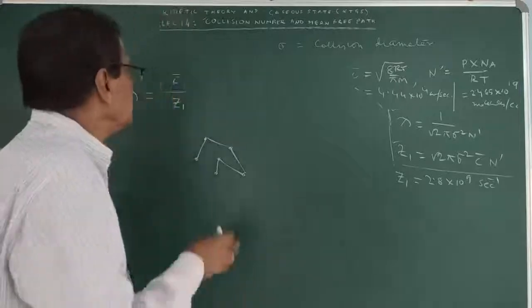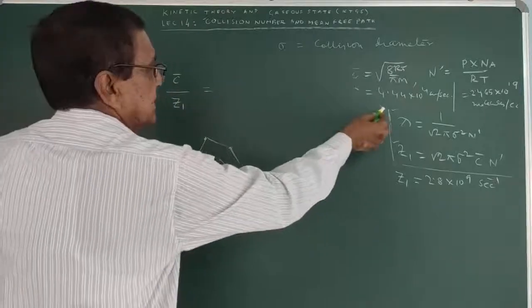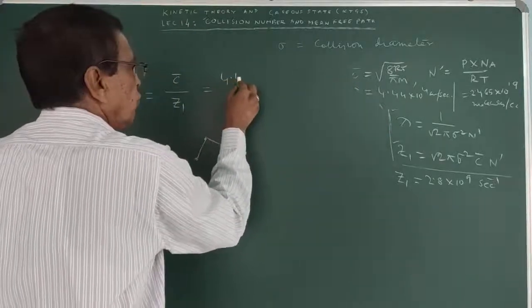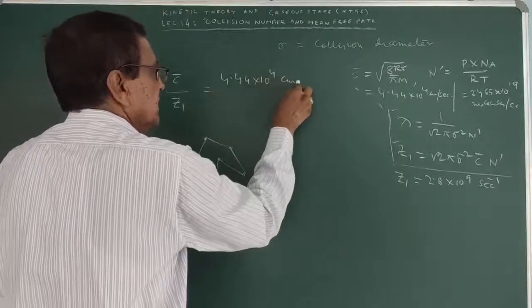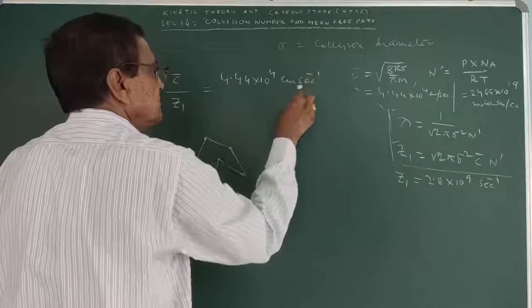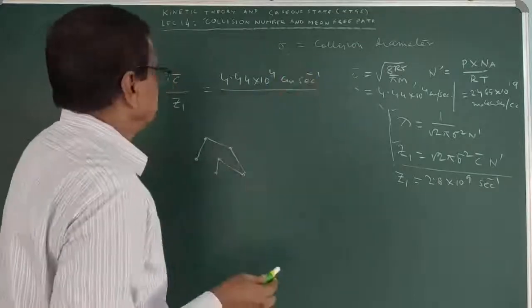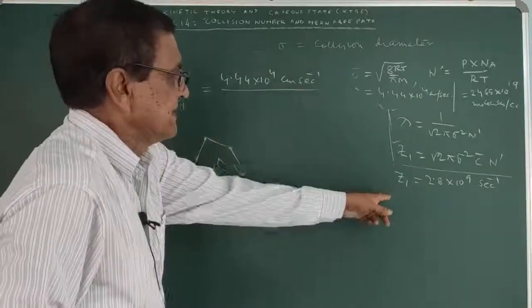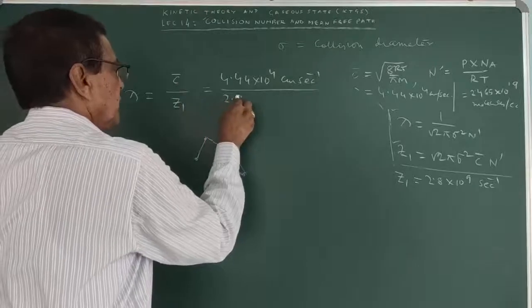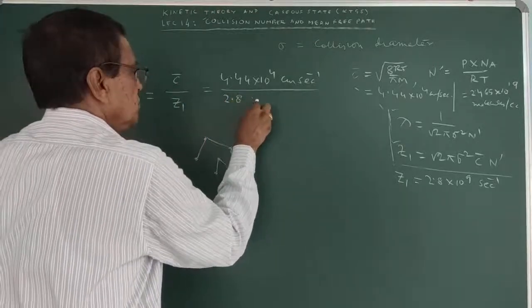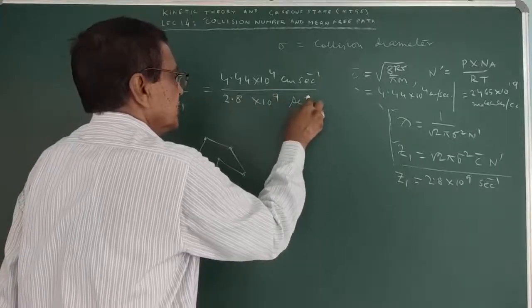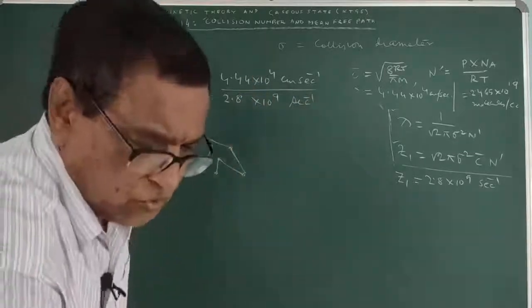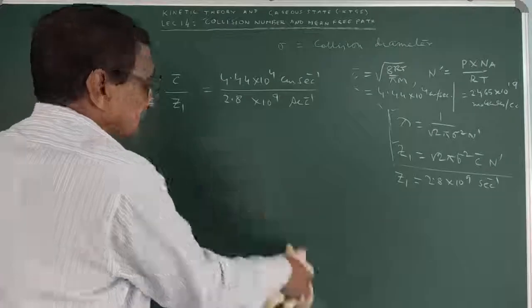If we put here 4.44 into 10 to the power 4 centimeter second inverse, divided by Z1 equal to 2.8 into 10 to the power 9 second inverse.